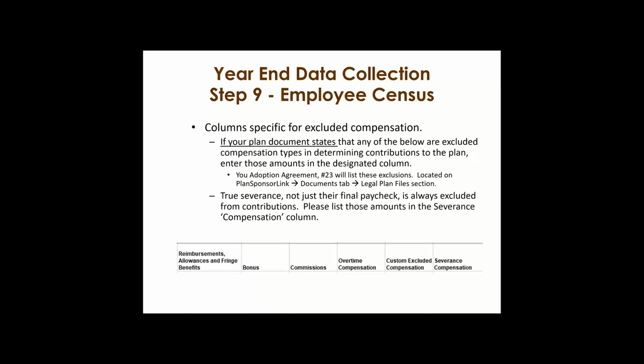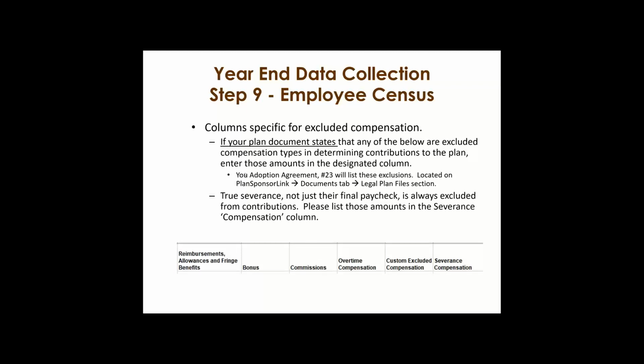So let's say that your plan document mentions that all commission pay is excluded when you're calculating the employee's contribution and the employer match. Please provide us with that total commission for the year so that we know what that excluded compensation is and can make sure that we are completing our testing correctly.